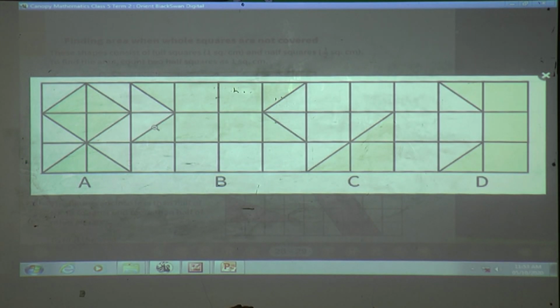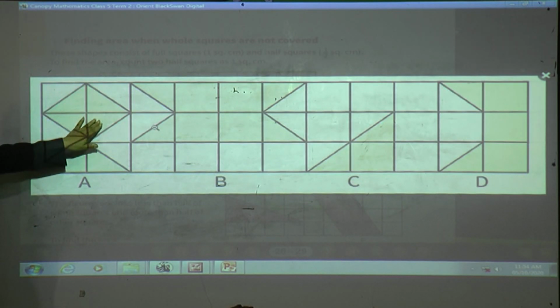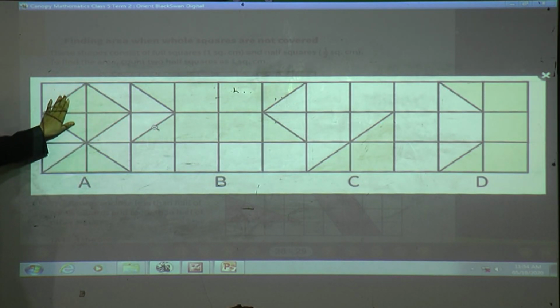To find the area, count 2 half squares as 1 square centimeter. That means instead of 2 half squares, take 1 square centimeter. So A is made up of 6 half squares: 1, 2, 3, 4, 5, 6. Its shaded parts are 6 half squares.